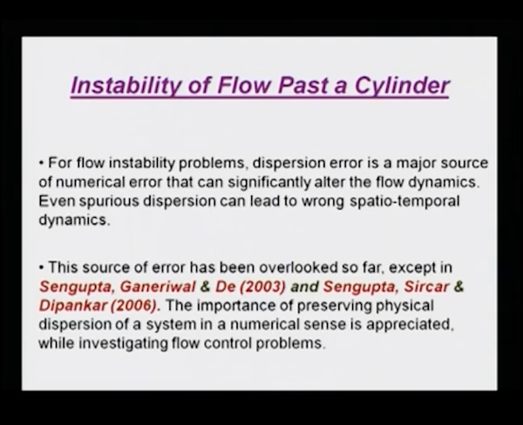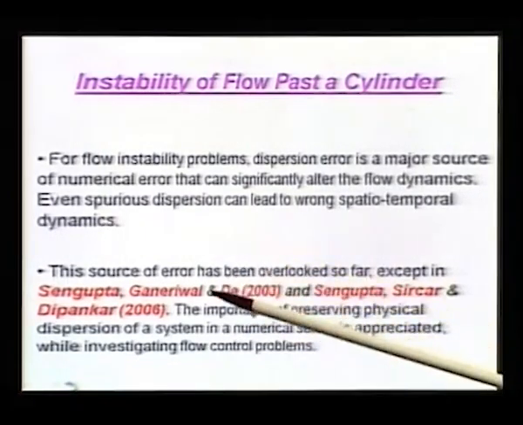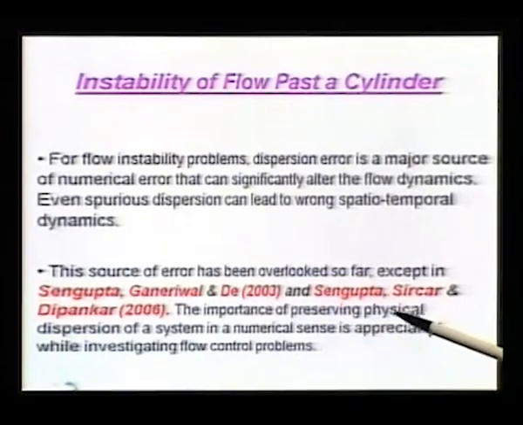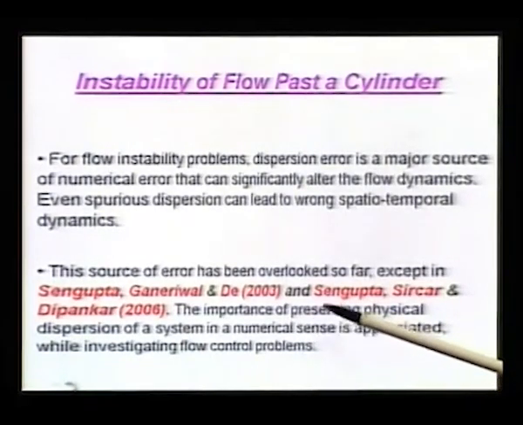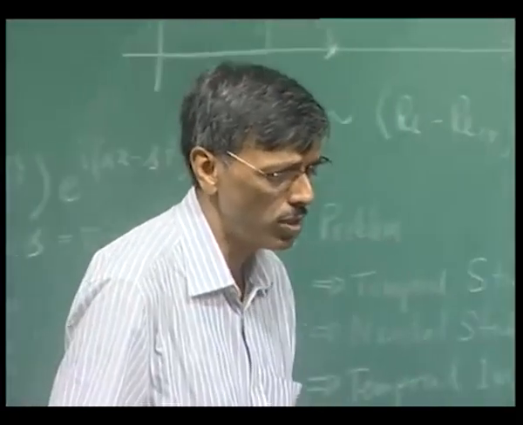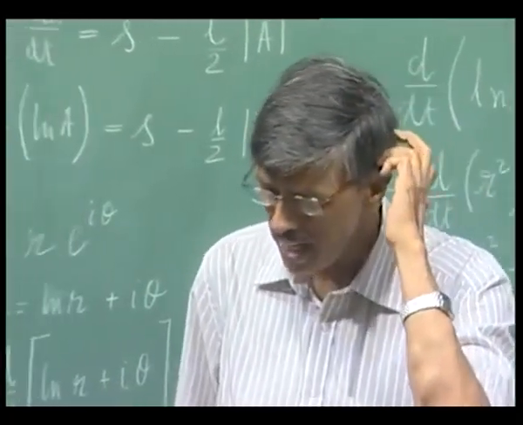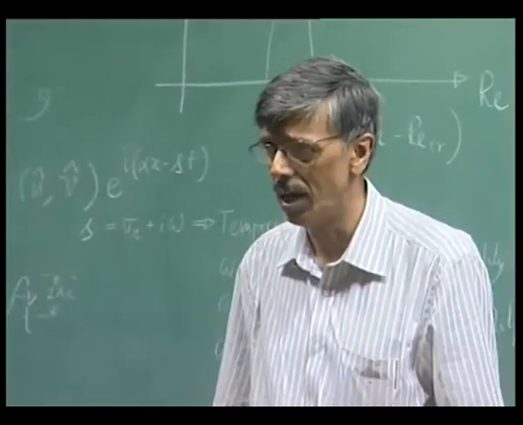And this we have studied with a great deal of care, and we have identified that in developing a numerical method, we must preserve the physical dispersion relation numerically. This was done because we wanted to study the work that was done by Strykowski and Sreenivasan.